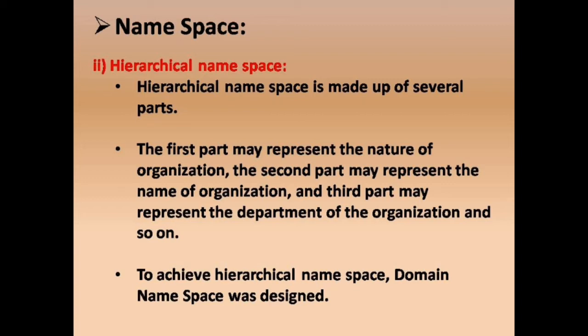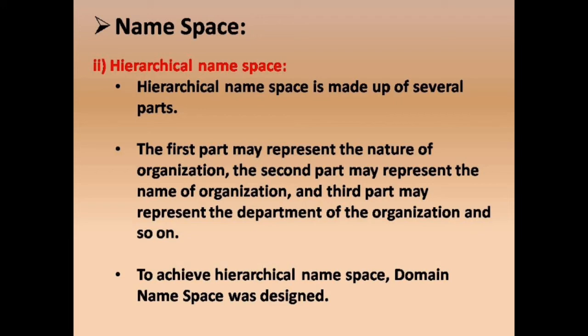For example, if the computer is in a commercial company, then the first part is the nature of the organization, so it is commercial, and the second part represents the name of the organization. It may be Amazon, Flipkart, or any company name.